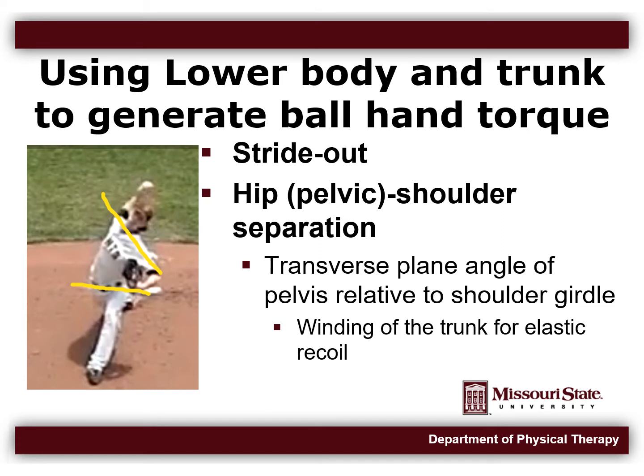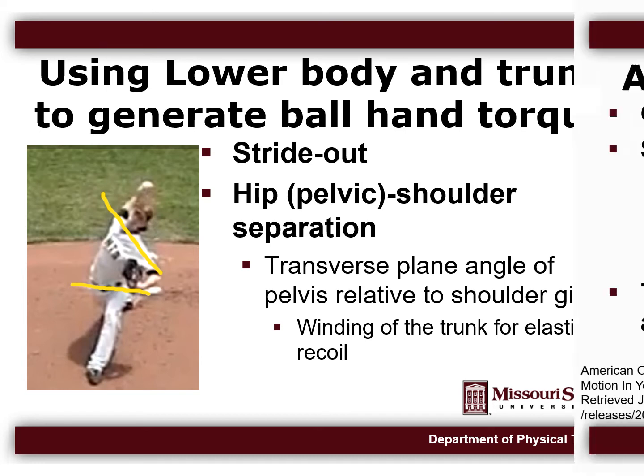That is that their pelvis rotates first, and then the shoulder girdle rotates second. This helps to wind up the trunk muscles and to provide torque to the throwing hand that is not being generated by the arm.